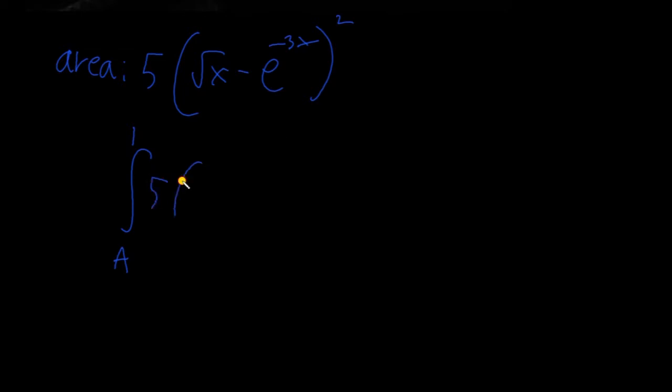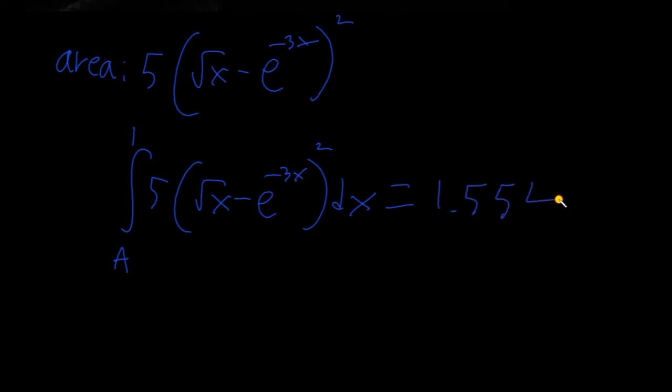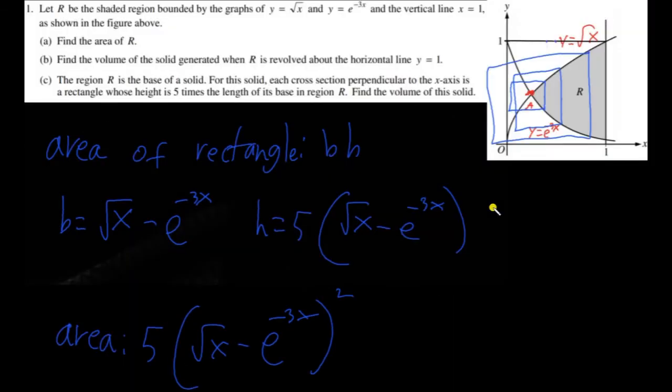So 5 times square root of x minus e to the negative 3x squared dx goes straight in your calculator, and we get 1.554 as our answer. So you get 2 points for the integrand and 1 point for the answer. That's question 1. Moving on.